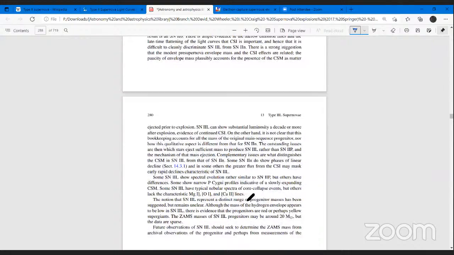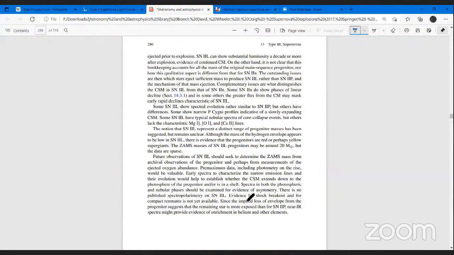Then some type 2L show spectral evolution rather similar to type 2P, but others have differences. Some show narrow P Cygni profiles, which is indicative of slowly expanding circumstellar matter. P Cygni profiles means the spectrum is mostly blue shifted.